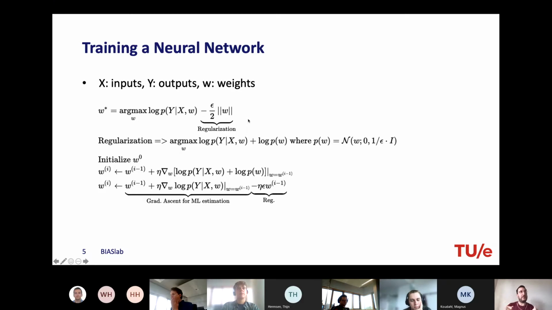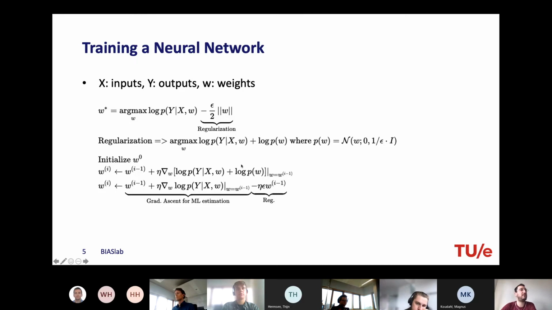And how do I encode this information? Basically by regularization. This is the most common way we train the neural network. But actually this comes from a prior over the weights. If you just write this objective with the likelihood and the prior, and maximize this objective with respect to W, you reach the same regularization.